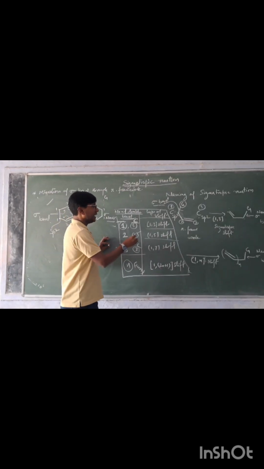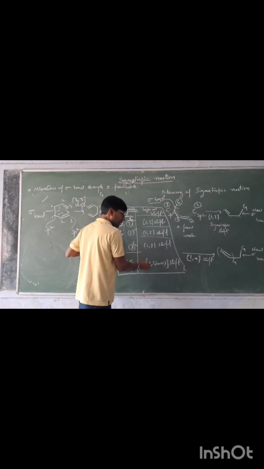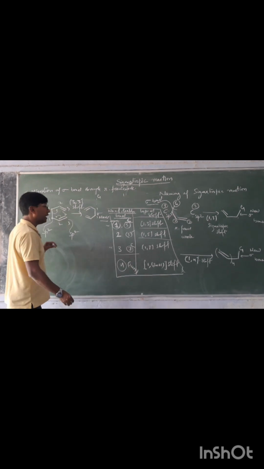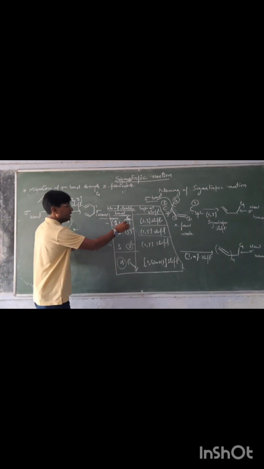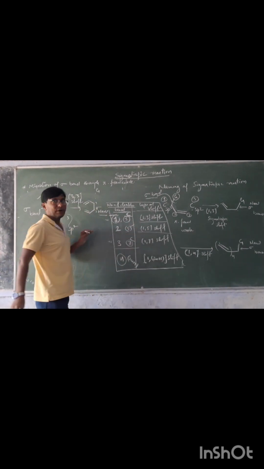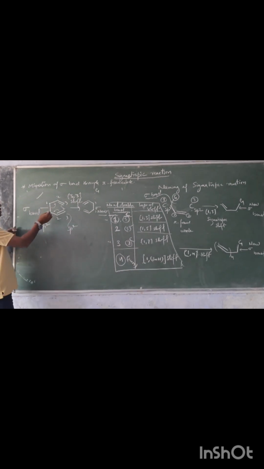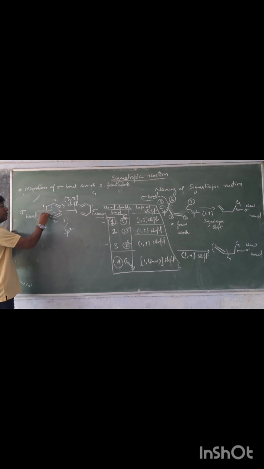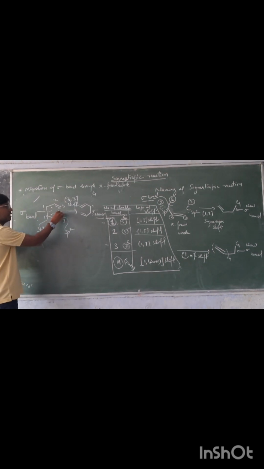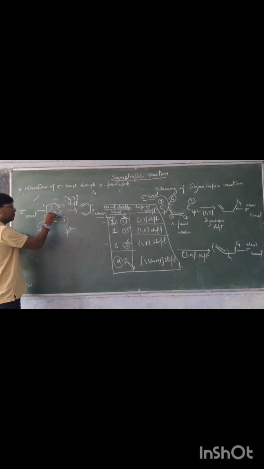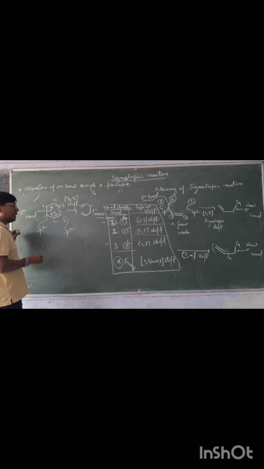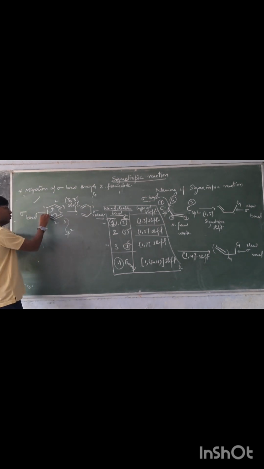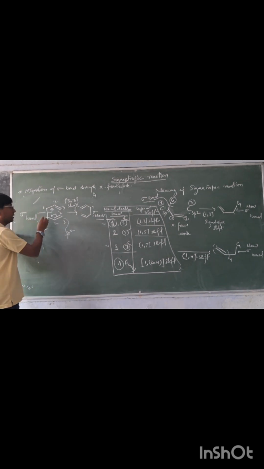In a similar fashion, as we have 1,3, 1,5, 1,7, and 1,2n+1 shifts, it is not always compulsory to have the migrating position at the first number. We can have a 3,3 sigmatropic shift also. For example, in this case, we can have a migration from these positions. This is migrated over here, and the bonds shift like this. A new sigma bond forms over here, and the old sigma bond breaks from position number 3.